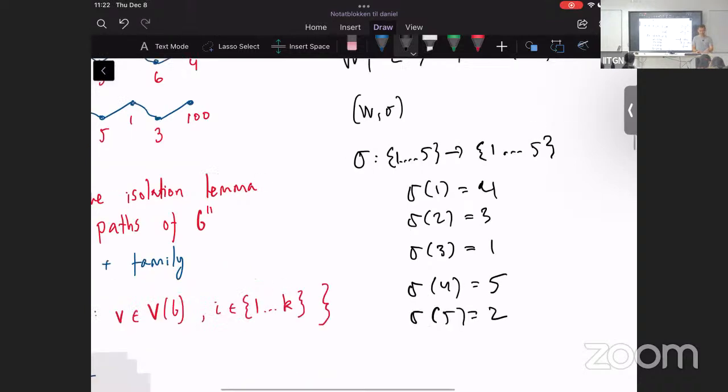Now, if I change 5 to 4, for example, then W, comma, sigma is no longer a multi-labeled walk, but it is a labeled walk.